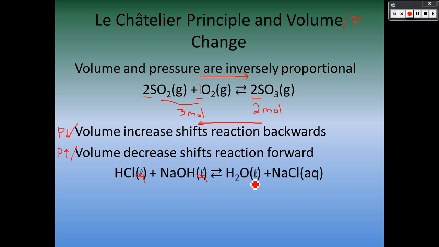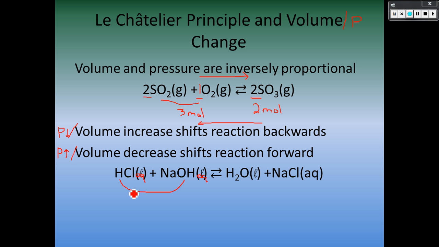One thing to note is the H2O is not coming from the fact that these are aqueous. As I said, they could be liquid, but boy, that would be some really strong stuff. It's coming from the fact that this is a double displacement reaction with the H and the OH.